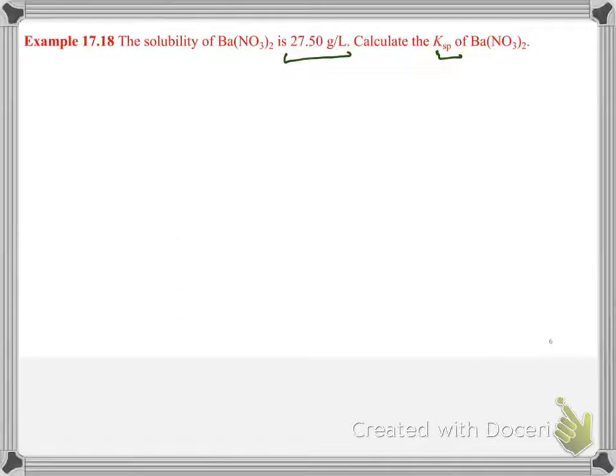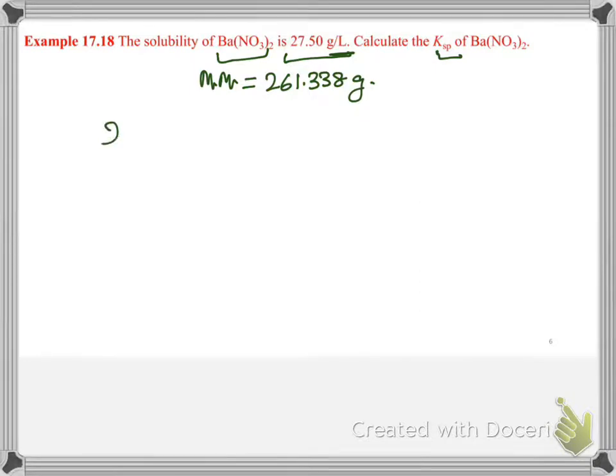So the first step is to convert this barium nitrate solubility, which is given in grams per liter, to moles per liter. For that, first you need the molar mass of barium nitrate, which is 261.338 grams. You can just add the atomic masses.